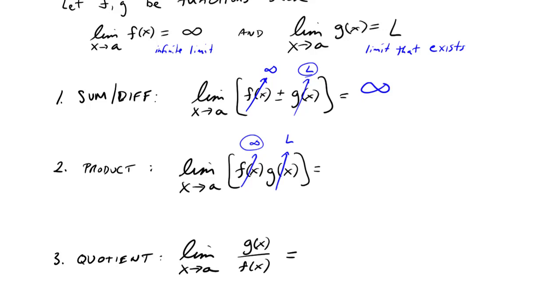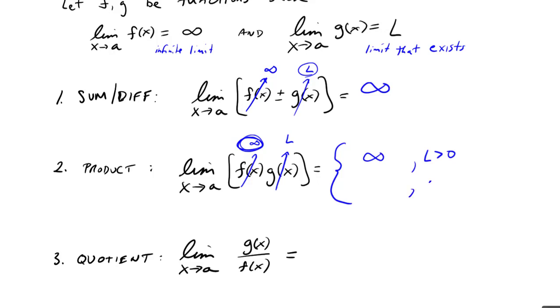So we actually have a couple of cases here that we can say something about, and then one that we can't. All right, so if L is some positive number, and we have these giant positive numbers from f multiplying by another positive number, these are just going to be giant positive numbers. So this still goes off to infinity.